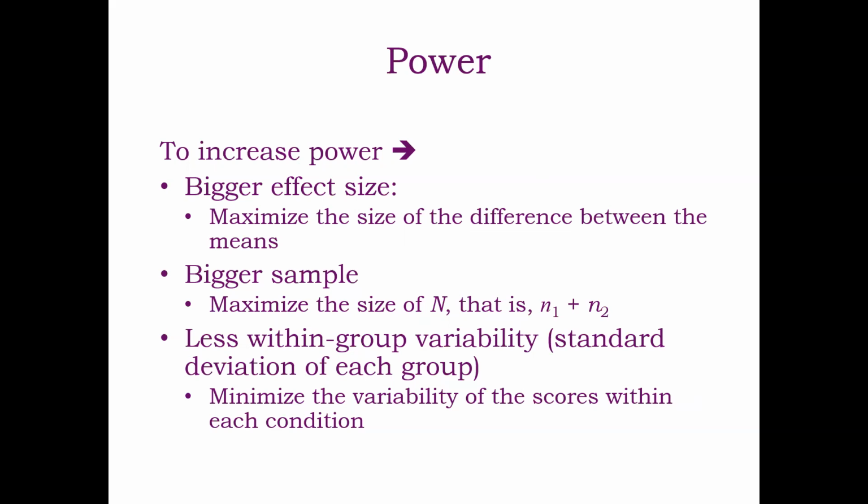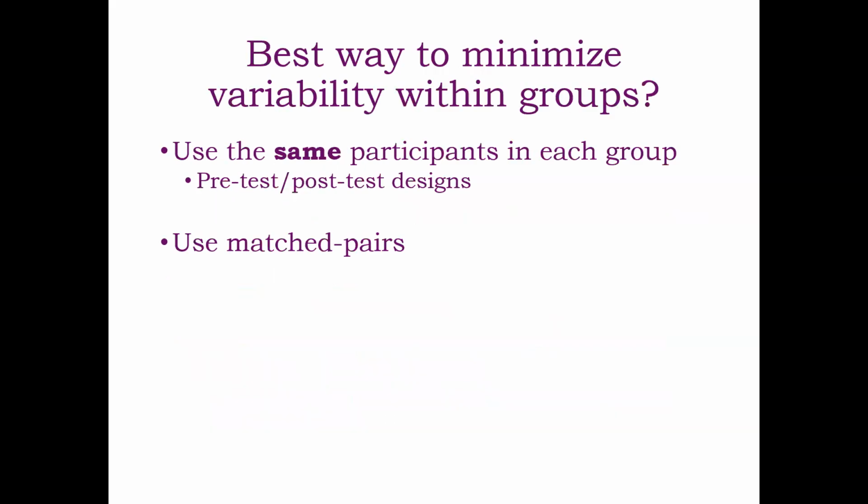Bigger sample size, okay? More people, you always have more power. And then one of the key things is less within-group variability, the standard deviation of each group. In our example, we saw we had a huge standard deviation for the ostracized condition, and that actually cuts down on power, okay, because of the math behind that. So if you can minimize the variability of the scores within each condition, you're going to have greater power.